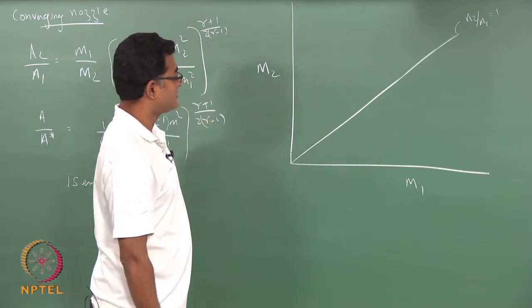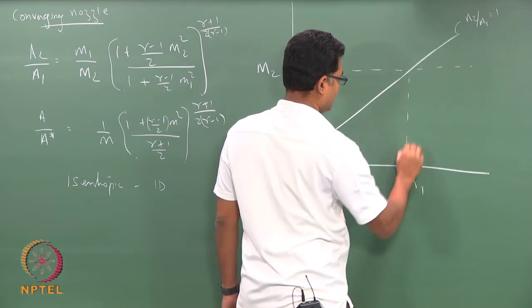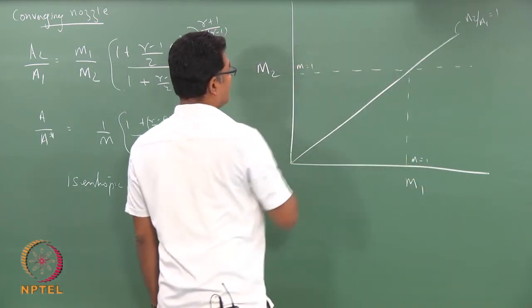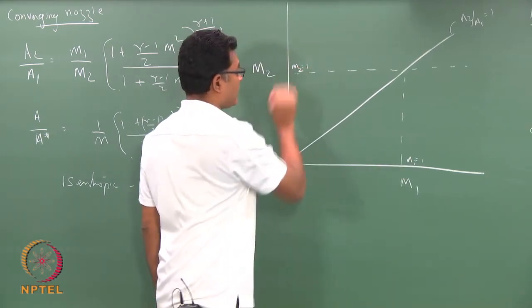If it is less than 1, so this is M1 equals 1 and this is M2 equals 1.